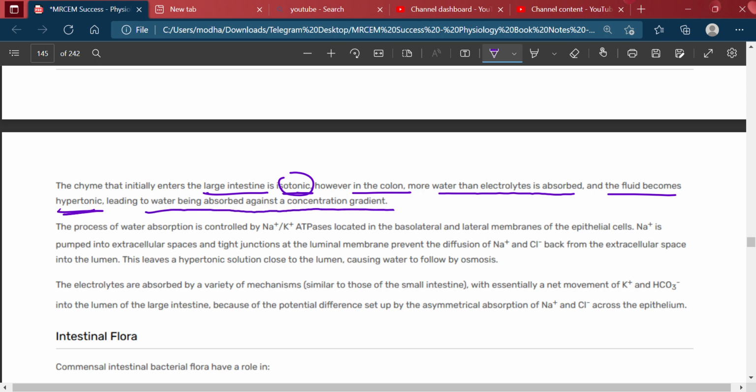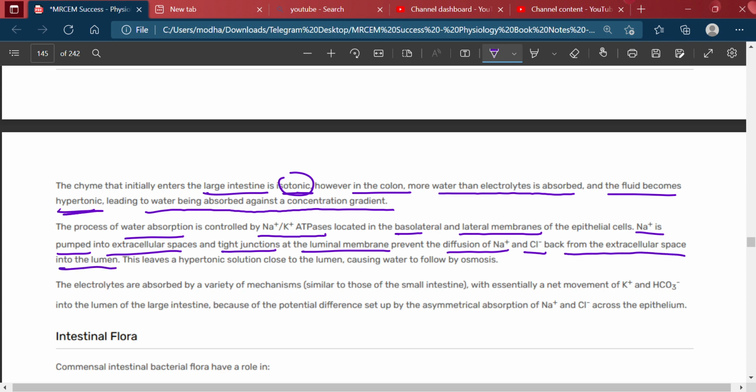The process of water absorption is controlled by the sodium-potassium ATPase located in the basolateral and lateral membrane of the epithelial cells. The sodium is pumped into extracellular spaces, and the tight junctions at the luminal membrane prevent the diffusion of sodium and chloride back from the extracellular space into the lumen.